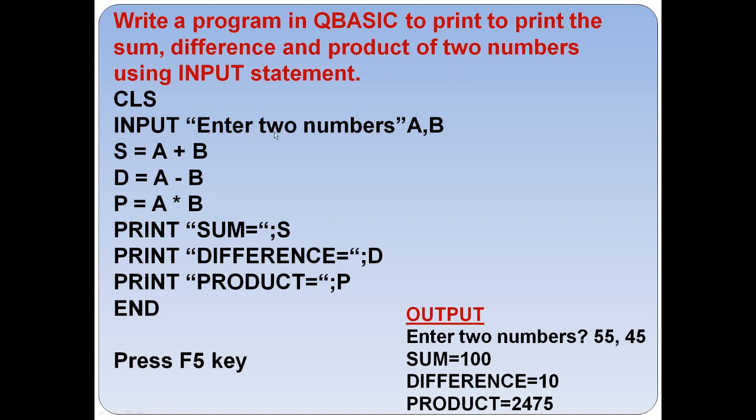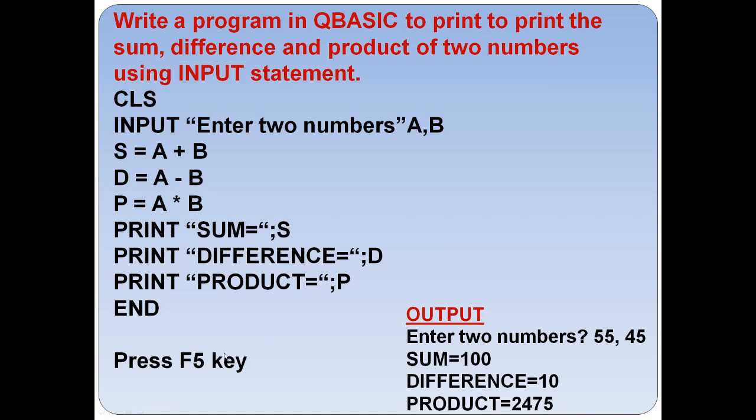Those numbers are A comma B. Now we write the formulas: sum S is equal to A plus B, difference D is equal to A minus B, and P for product is equal to A multiply B. Now we print sum is equal to, the variable is S, then difference is equal to, variable D, then product, variable P, and press the F5 key.